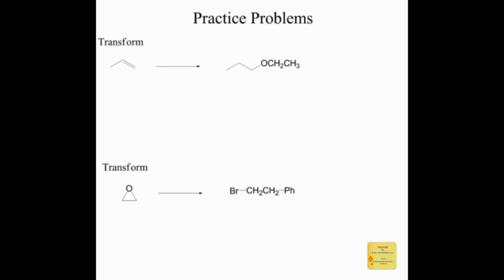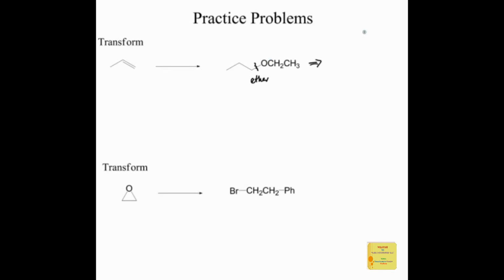Let's think of this one. We have an ether that we want to make. How do we make an ether? Well, we could do a Williamson ether synthesis. So we could disconnect here, or we could disconnect here.